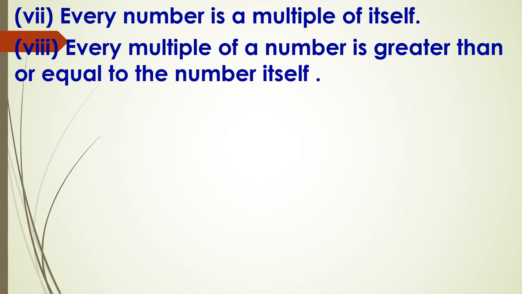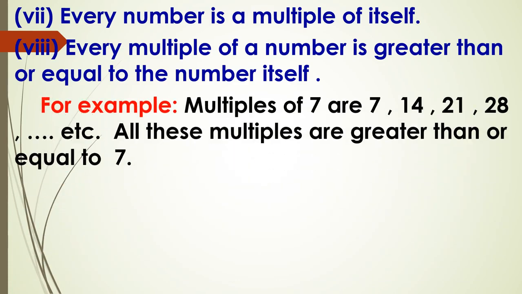For example, multiples of 7 are 7, the number itself, and now all the numbers are greater than 7: 14, 21, 28 etc. All these multiples are greater than or equal to 7. I am repeating. Factors of a number are the number itself or less than that number, but multiples of a number are greater than or equal to that number.